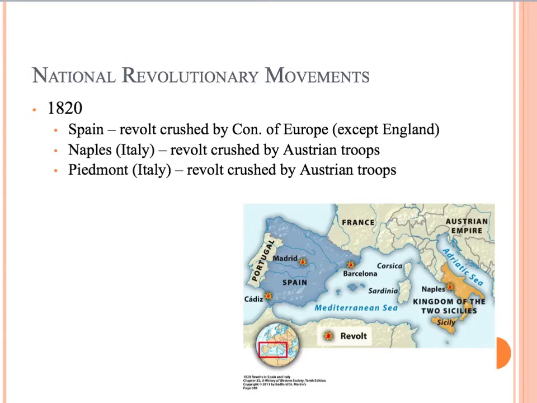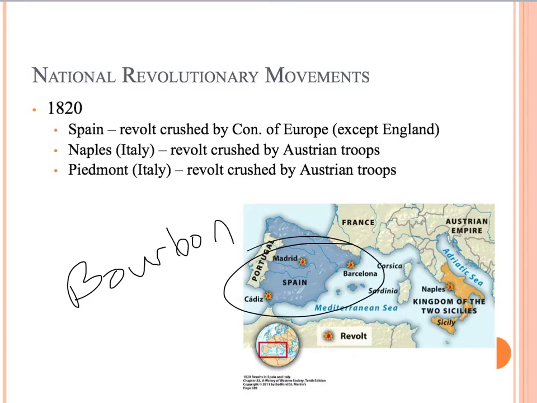Okay, 1820 was a big year in Europe because there were little small revolutions that went on. These were not so relevant, but they were still happening. If you look at the map here, Spain was a really hot place for revolution, and if you remember, the Spanish were ruled by the Bourbons, who are native to France.